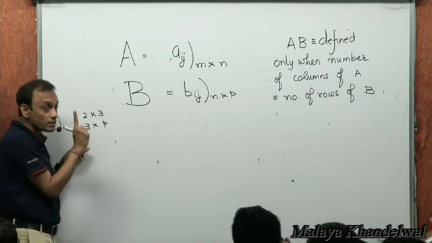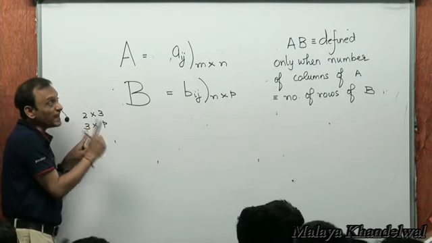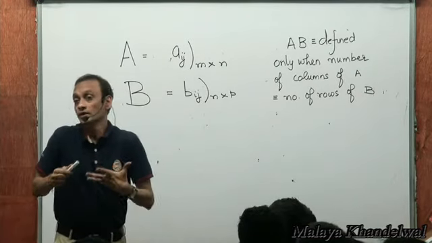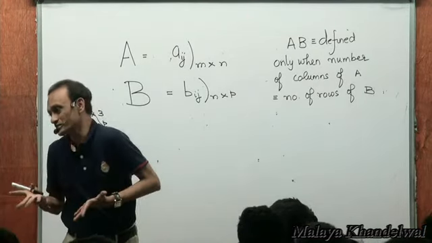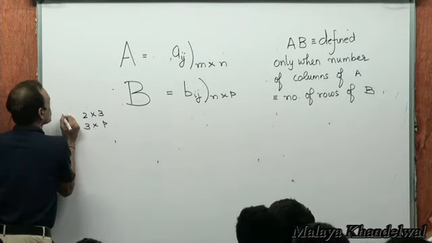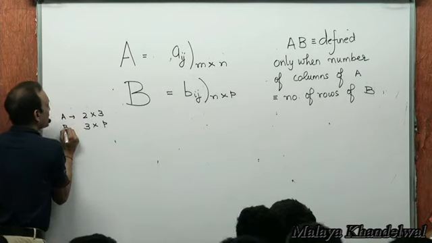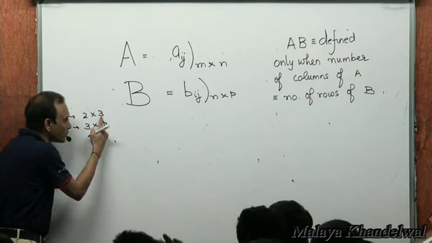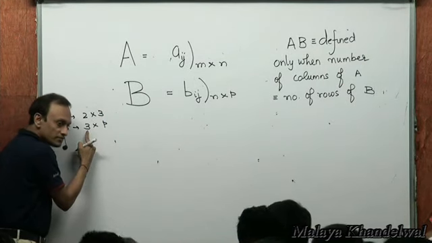The order is important. AB is not the same as BA. If AB is possible, it's not necessary that BA is also possible. Do you realize that? Say this A is 2 by 3 and B is 3 by p. So A into B is possible because the number of columns of this is equal to the number of rows of this.